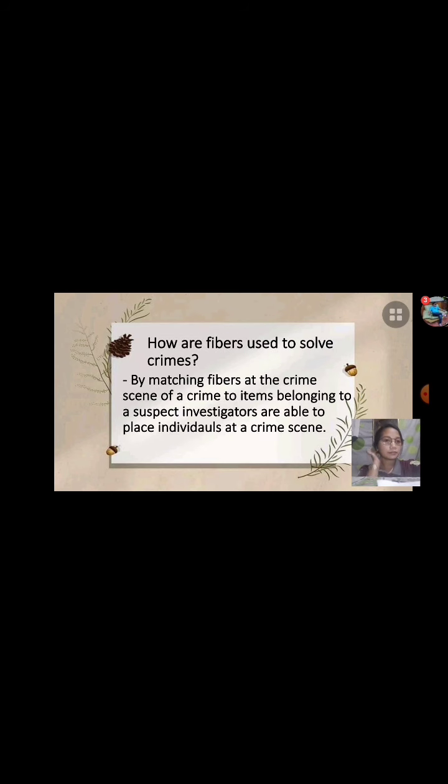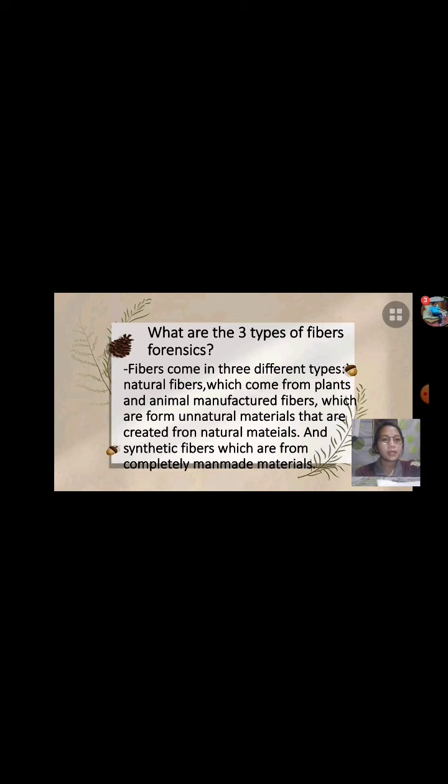So, next is how are fibers used to solve crimes? By matching fibers at the scene of a crime to items belonging to a suspect, investigators are able to place individuals at a crime scene. So, what are the three types of fibers in forensics?